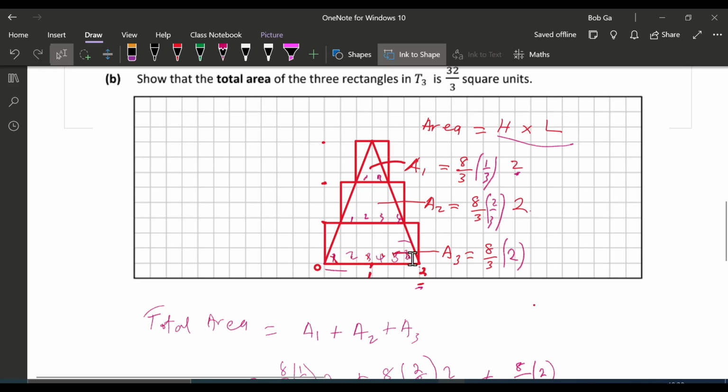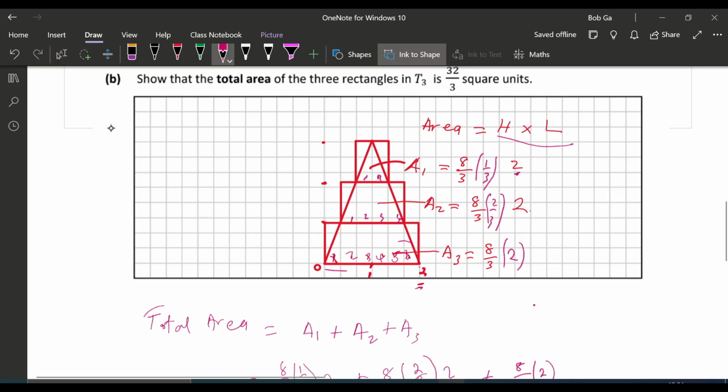So 6 grids make up 2 units. All right, so if we look at it, we all know that the total height of this triangle is 8. So the height of one of these rectangles should be 8 divided by 3, because there are 3 rectangles. So the height is 8/3.